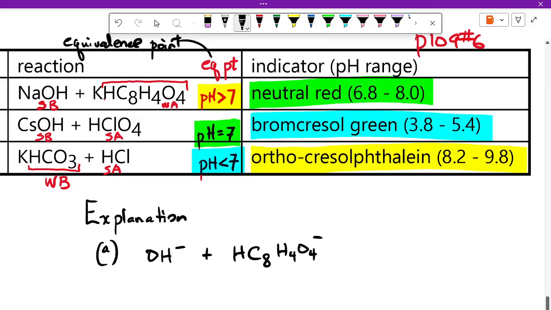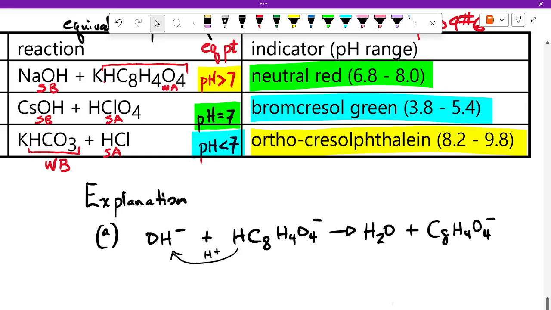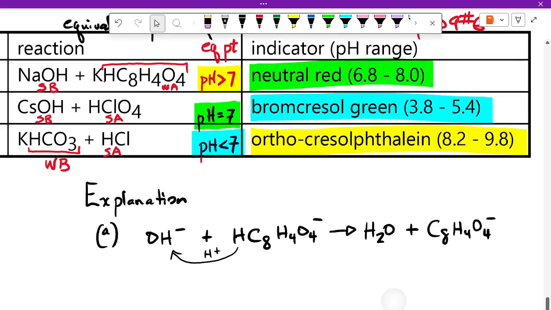Now, the OH is going to accept a proton. So we will end up with water and C8H4O4 2 minus.